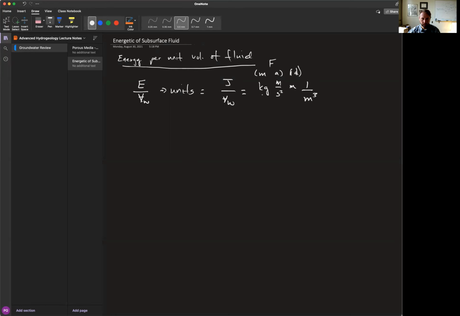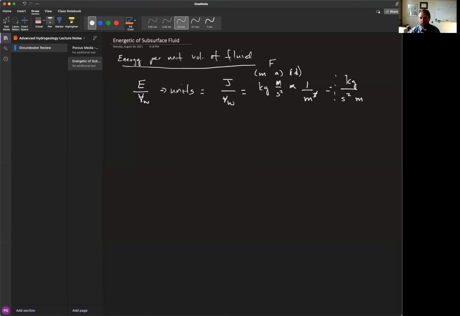We don't have to have the SI unit here, but if we simplify here, we will get a kilogram per second squared meter. All right, that guy cancels those guys, and we get kilogram per second squared meter.